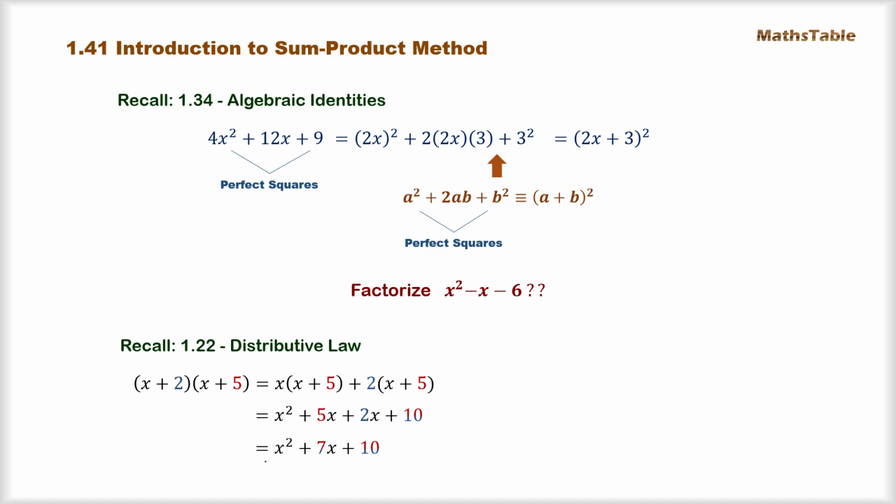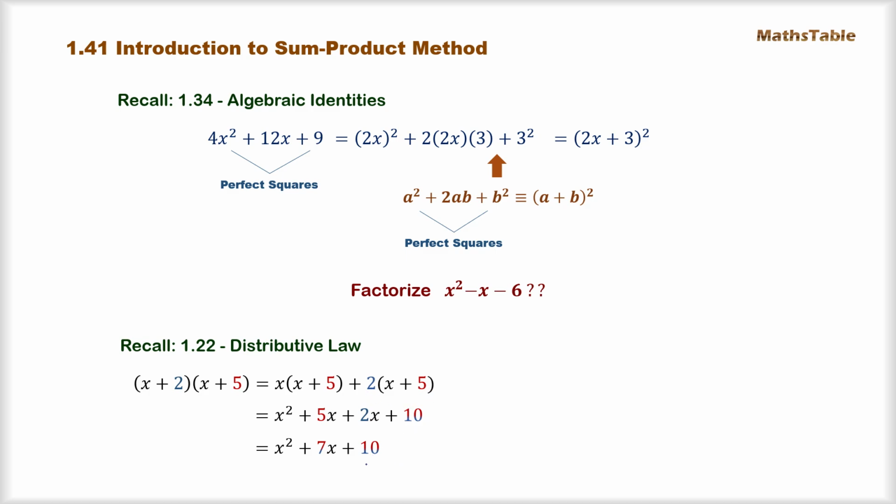Now if we look closely at the final expanded answer, the coefficient of the middle term was basically the algebraic sum of these two numbers 5 and 2, which were the two numbers in the two brackets. And also the final term, the constant term 10, was obtained by multiplying these same two numbers 2 and 5.